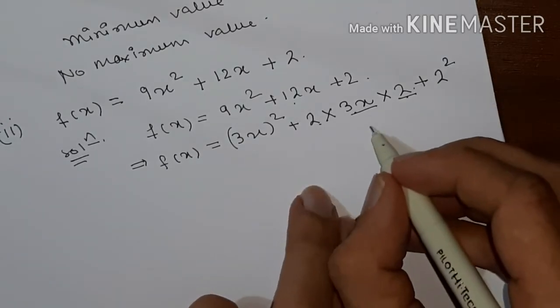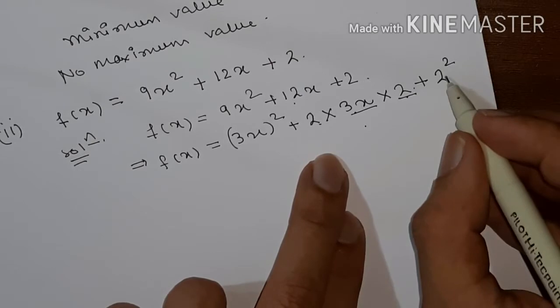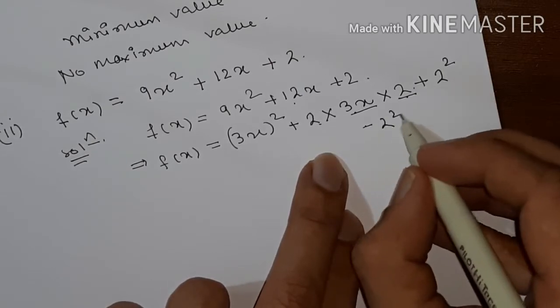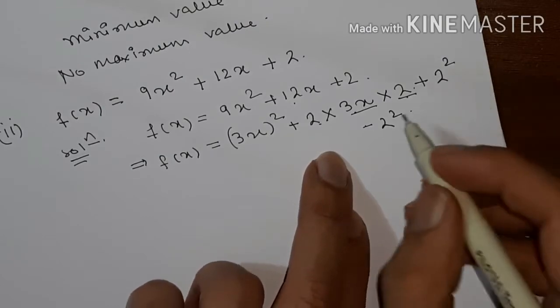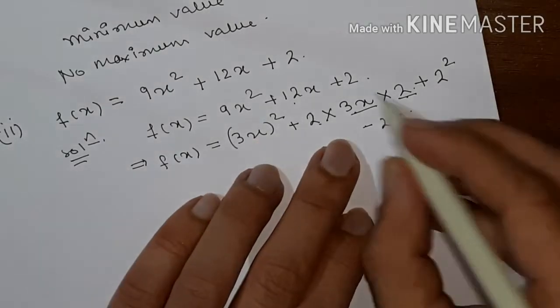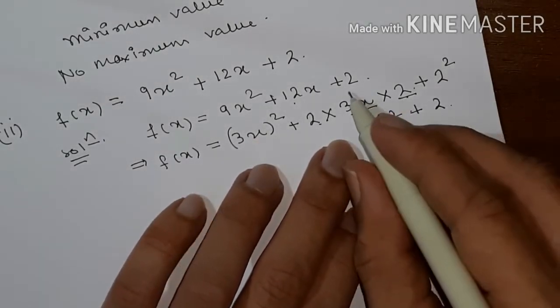Since we cannot simply add 2 square here, we have to subtract 2 square, and this is plus 2 which is there.